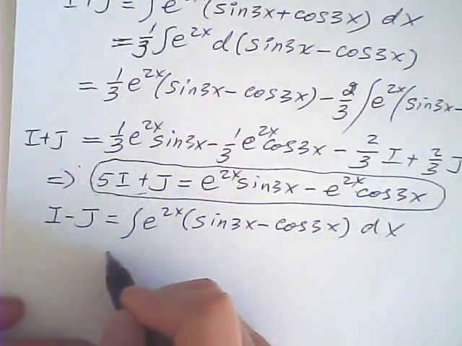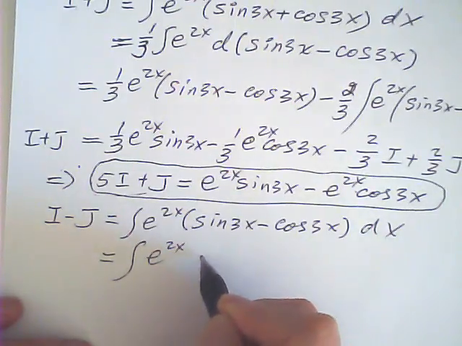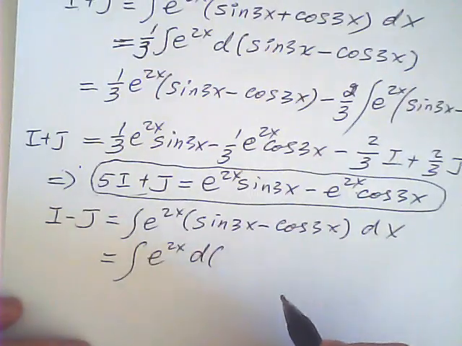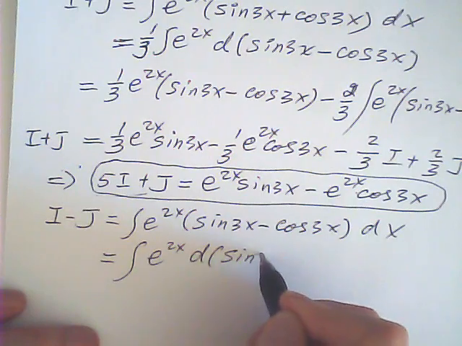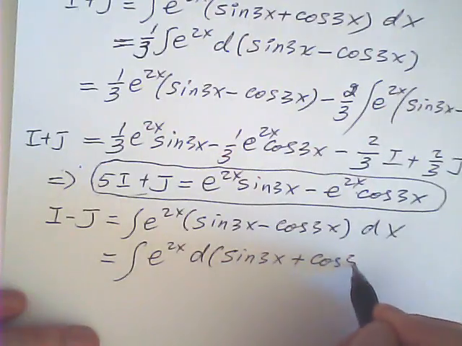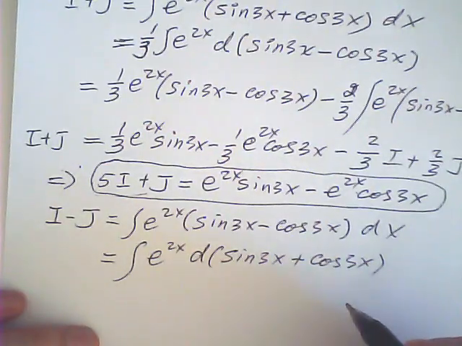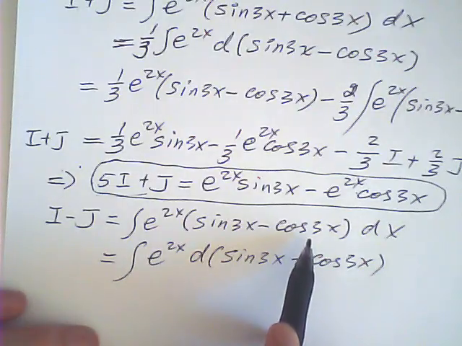Yeah. Then I do the similar thing. The derivative of sine 3x plus cosine 3x. This one is a cosine.